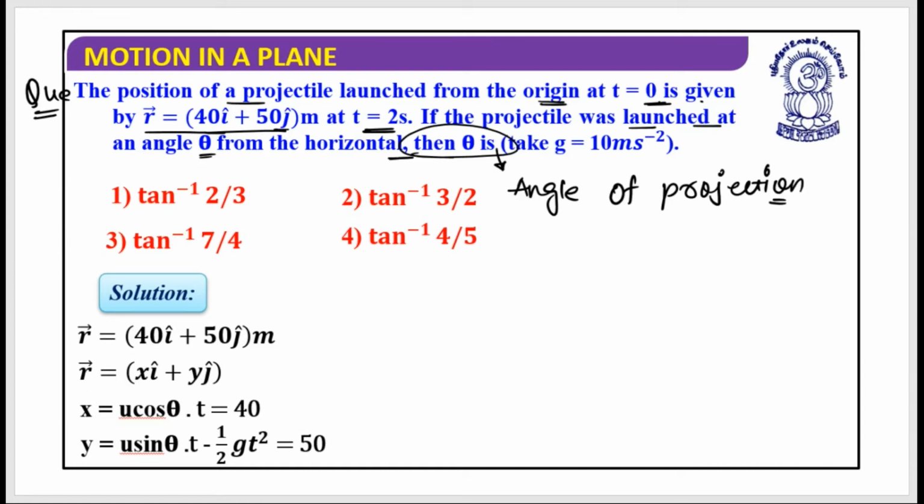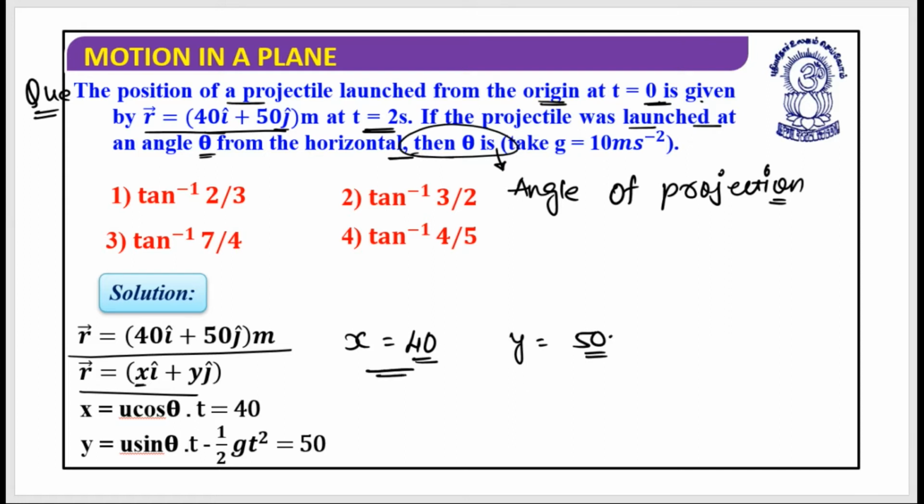Let's suppose what I have been given: r is equal to 40 i cap plus 50 j cap. Let's compare this with r equals x i plus y j. Then x is equal to 40 and y is equal to 50.